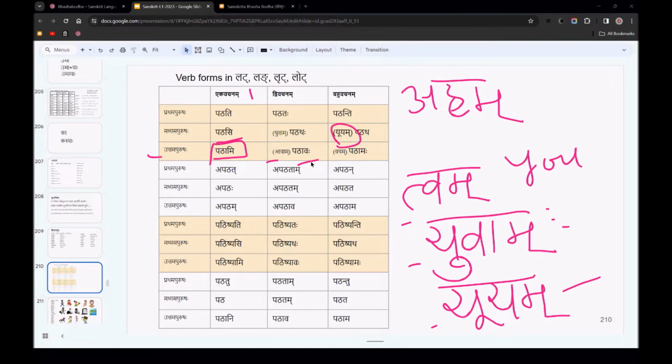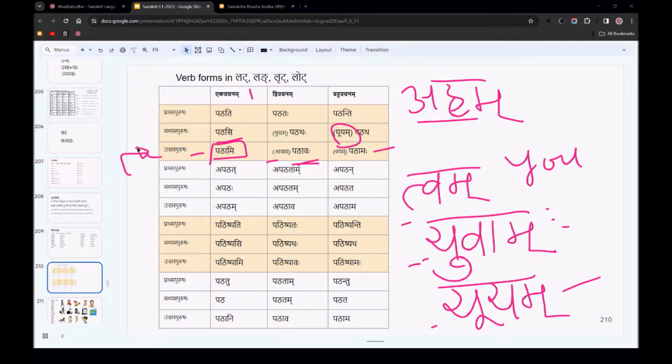Vayam pathamaha. So when we use aham, this pathami kind of form is used in the present tense, and when the word is avam, this pathava kind of form is used, and when the word is vayam, which is shown in the parenthesis here, then this pathama kind of form is used for the present tense.